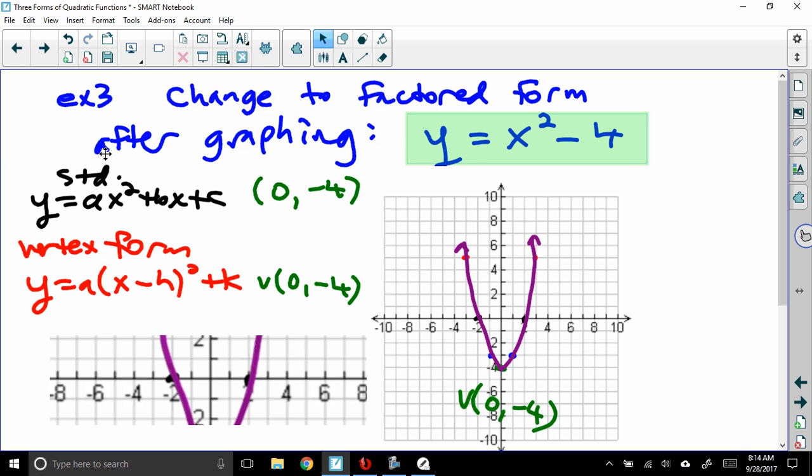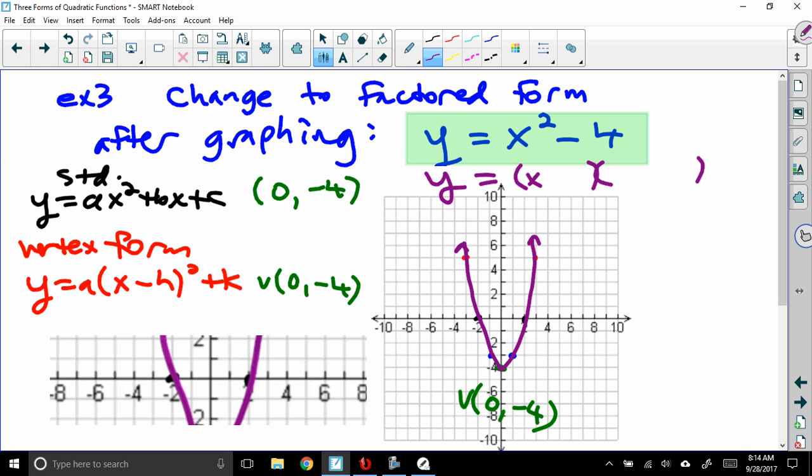So if we had to put this into intercept form, we know our a value is 1, and the function is going to be x minus p. Well, p is negative 2 here, so what's x minus negative 2 going to be? Positive 2, so that's going to be x plus 2. And then that q value is 2, so it's x minus q, which is x minus 2.